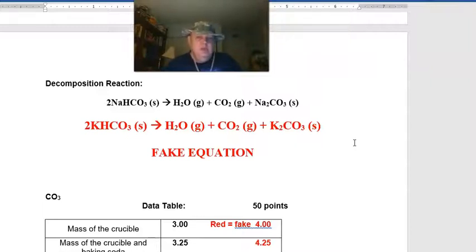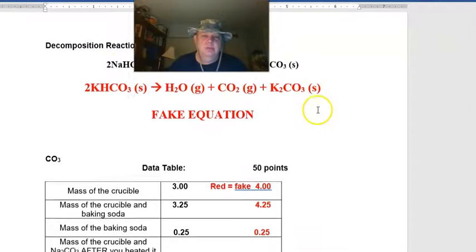Instead of the original equation, which you will use when you figure it out, we're going to use the fake equation. Potassium bicarbonate gives us H2O and CO2 and potassium carbonate. We're going to work with this, not the original equation.